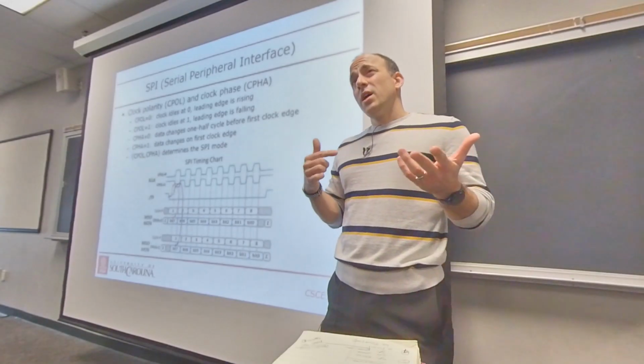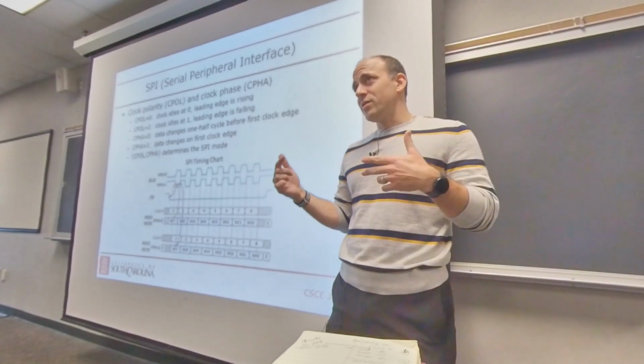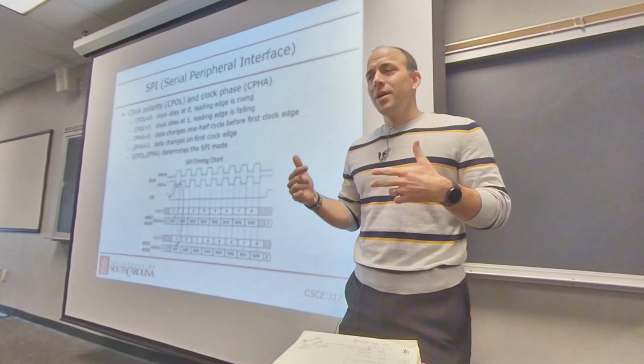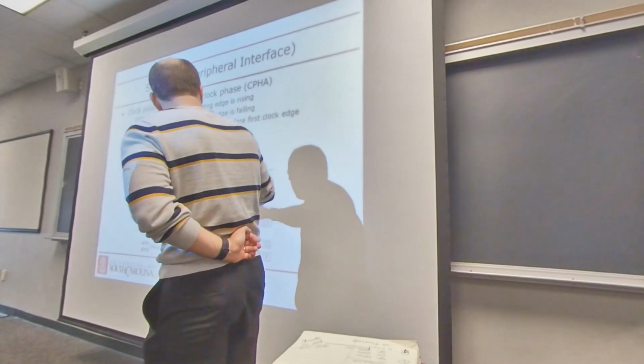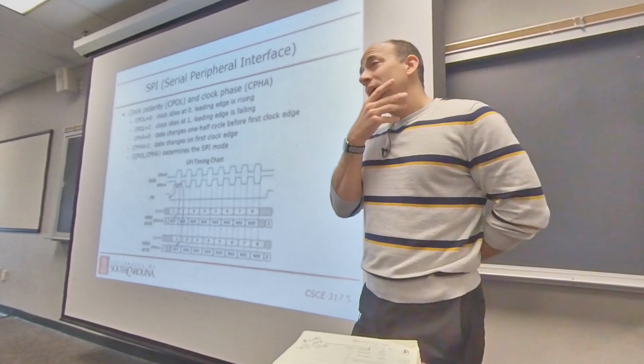So master out slave in is MOSI, and master in slave out is MISO, right? And then there is a slave select that is driven low to indicate when a transaction is happening.